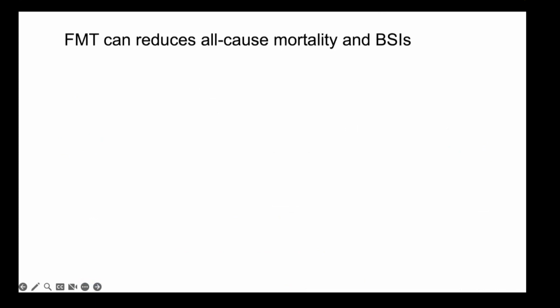But FMT not only can reduce infections, but also in some studies has been shown to have a reduction in all-cause mortality and bloodstream infections. So this was a prospective cohort study of 290 inpatients, again with recurrent C. diff, since this is the only approved indication for FMT, 109 who received FMT, and 181 that did not receive FMT.